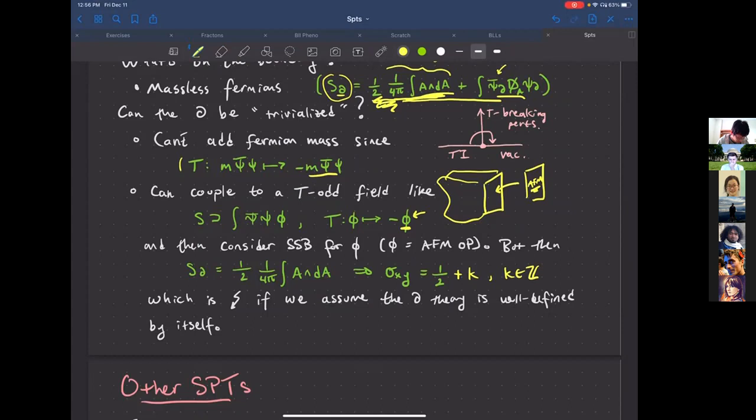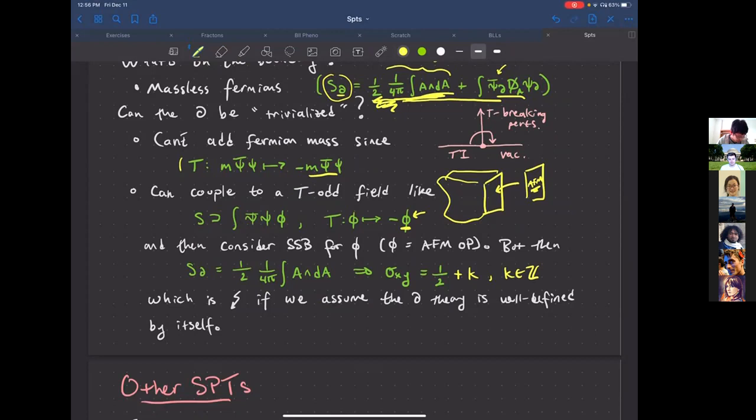So if I choose to regulate in a way that does not break time reversal symmetry, then I get a half integer Chern-Simons term. But if I regulate in a way that breaks time reversal symmetry, then I get an integer Chern-Simons term.